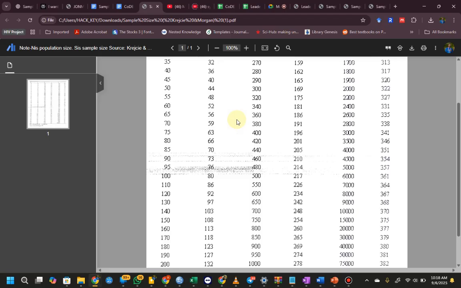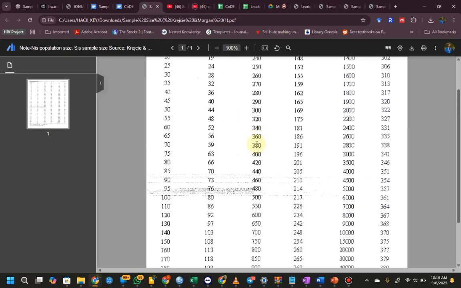We have 3,000, 3,500 or 380. Is the sample size for 380 going to be 4,000, or is it 400,000 or 40,000? The 380 I'm giving you is the accessible population.